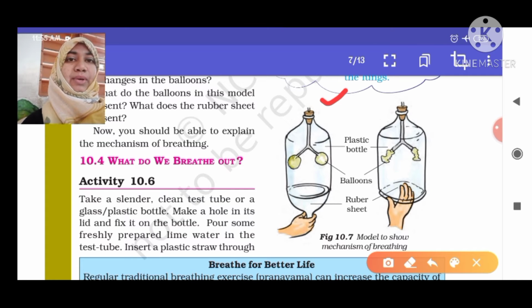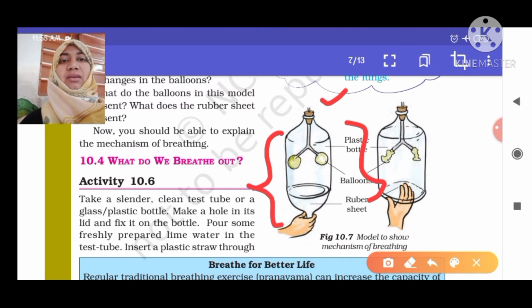When we pull the rubber sheet downwards, the atmospheric air enters the bottle through that pipe, which increases the volume here. Because of this, the balloons fixed to both ends of the straw increase in volume, so inflation takes place.